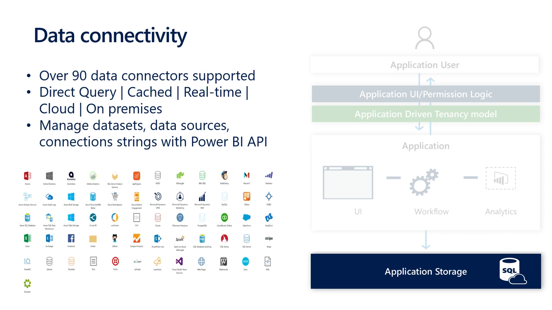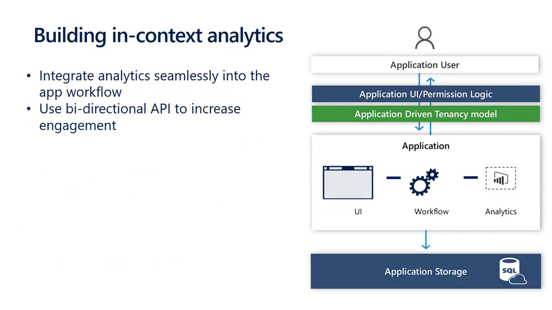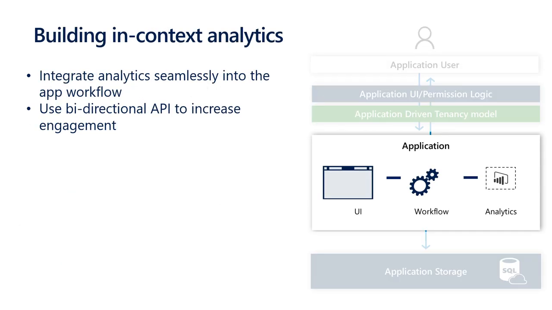So you can do many things on the fly, connecting to your customers' data sources with different connection strings, everything automatic. We build in-context analytics. As I said, we use the bidirectional API to increase engagement, and I will demonstrate it. You integrate into the workflow of the application to create actions from insights.